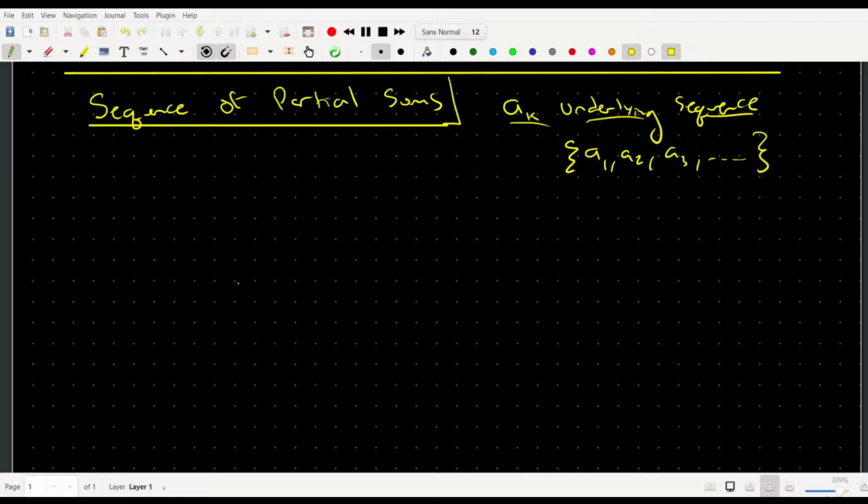And so what we do is we construct this sequence of partial sums Sn, where Sn is the summation of the first n terms in this underlying sequence. It's the sum from k equals 1 to n of ak.